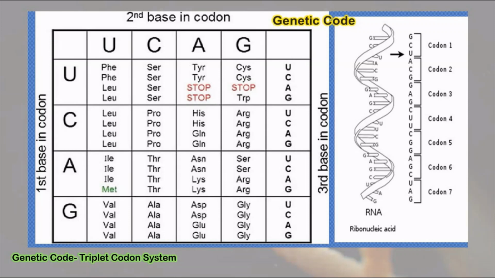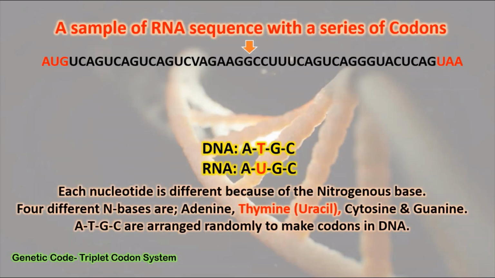AUG is the initiation codon usually, and UAA, UGA and UAG are the termination codons. And this is the sequence of RNA, and you can see a sample of RNA sequence here, beginning with AUG as the initiation codon, UAA as the termination codon.